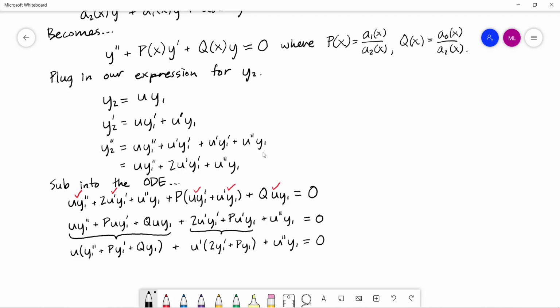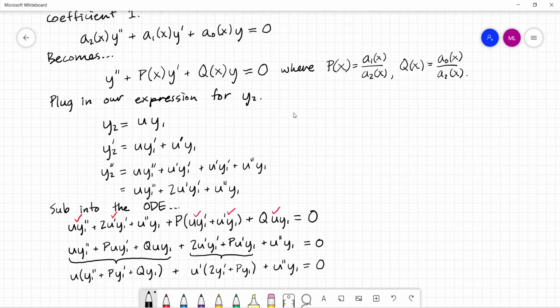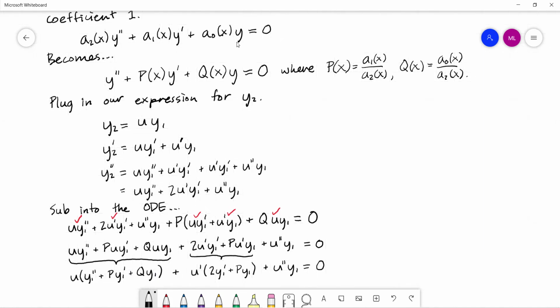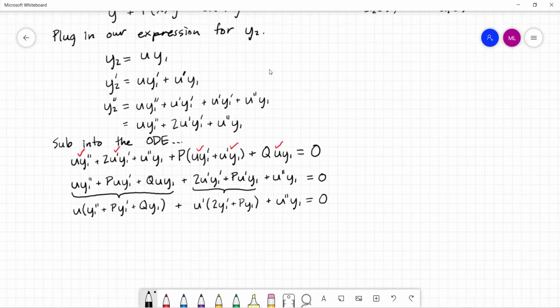And we already know that y1 is a solution of this differential equation, meaning when I plug in y1, it is satisfied, it is true. So when I plug in y1 double prime, y1 prime, and y1 here, what does this have to be equal to? It has to be equal to 0.